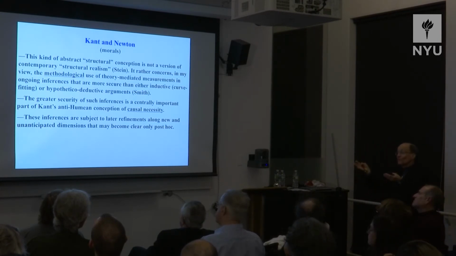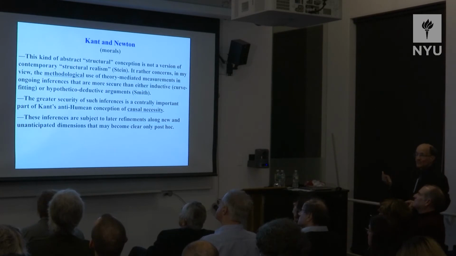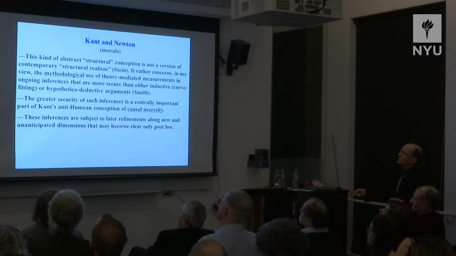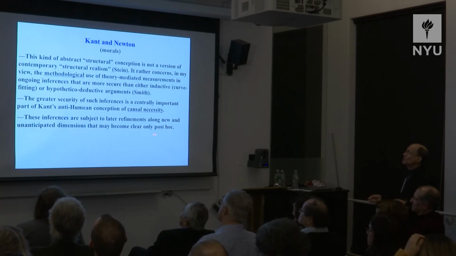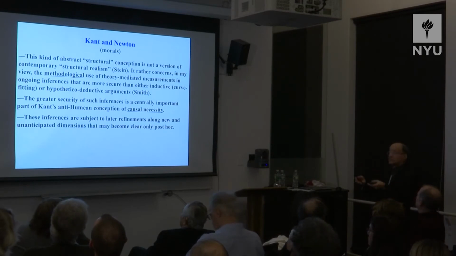So that's a very fortunate situation where no wonder this method worked for so long. Right? There's an element of contingency and luck to that happening, but fortunately that's how it happened. Here I want to focus on this. These inferences are subject to later refinements along new and unanticipated dimensions: velocities, energy scales, size, distance, you name it.